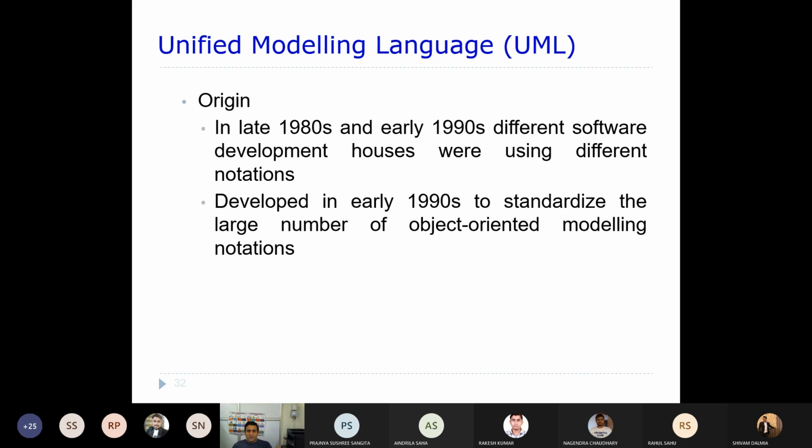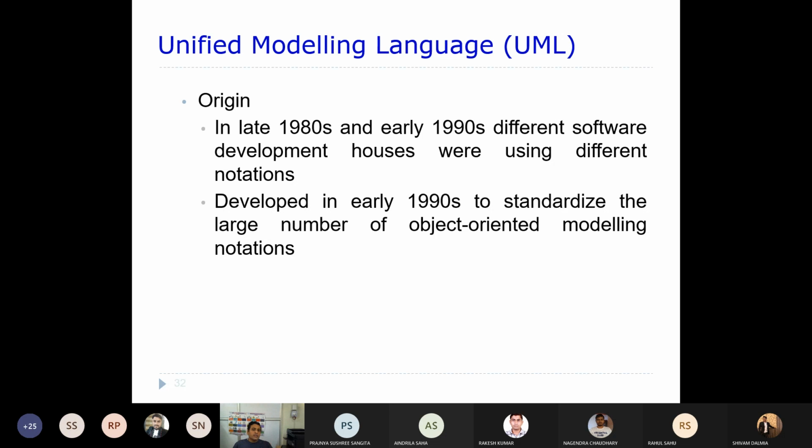Now what happens? Because they have learned two different notations, again they have to learn the new notations so as to continue the work in the particular current industry, right? So it's a difficulty, right? Now if you follow a single notation, what will happen?